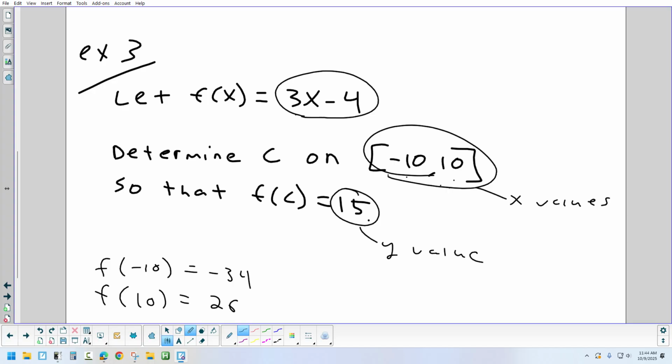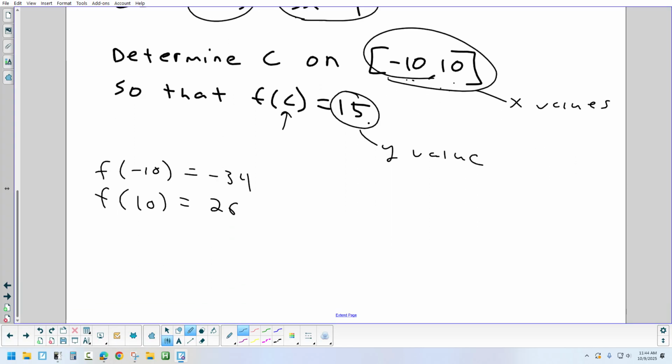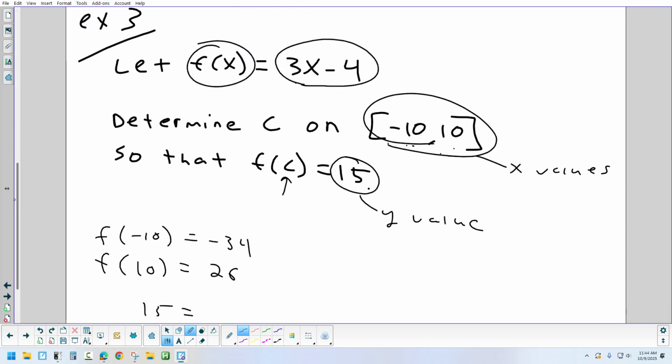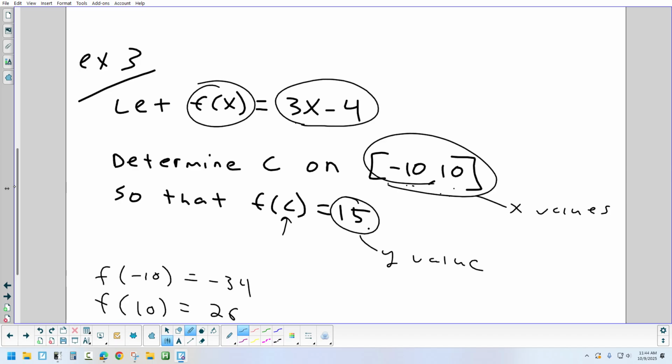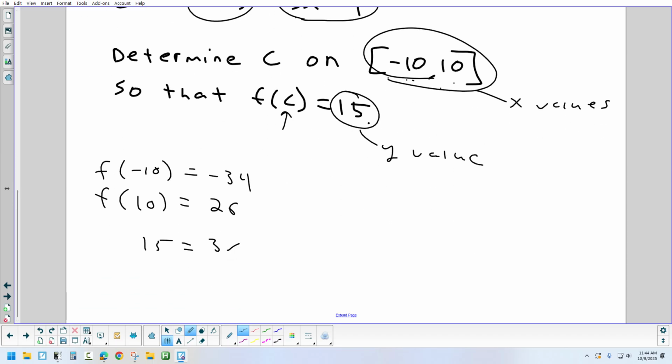Now, the easy part: they want to know where you hit 15. It's somewhere between -10 and 10. We don't know where, but you are going to hit it. So to find out where, plug 15 in on the left-hand side and solve. What was it? 3x minus 4.